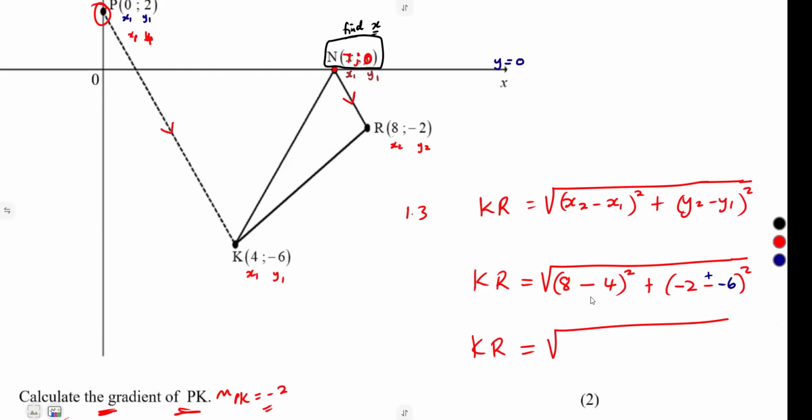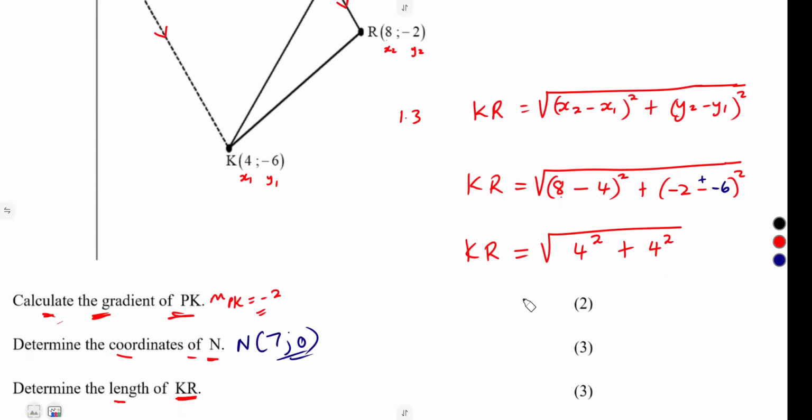So you're going to have the square root of 8 minus 4, which is 4, so that's 4 squared, plus negative 2 plus 6, that is going to give us a 4. So that's 4 squared again, which simply gives us 16. So that's 16 plus 16, which is the square root of what? 32. So that is our length.